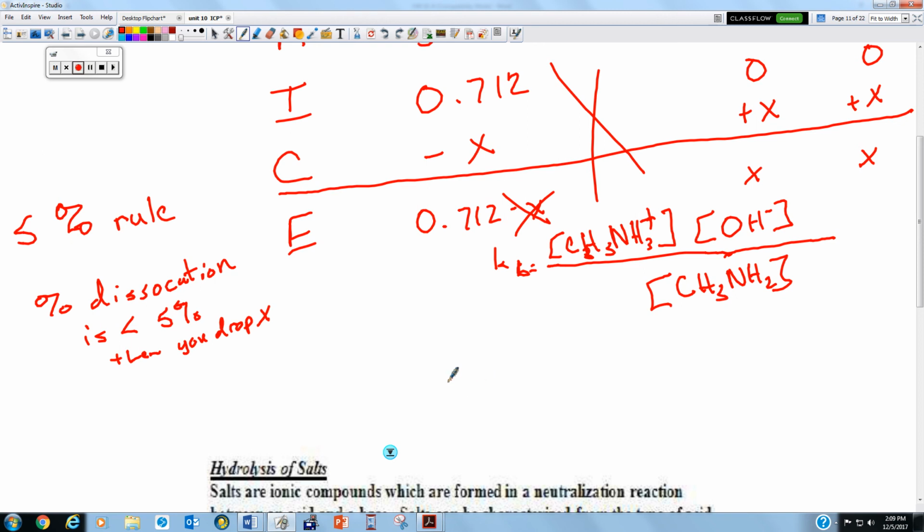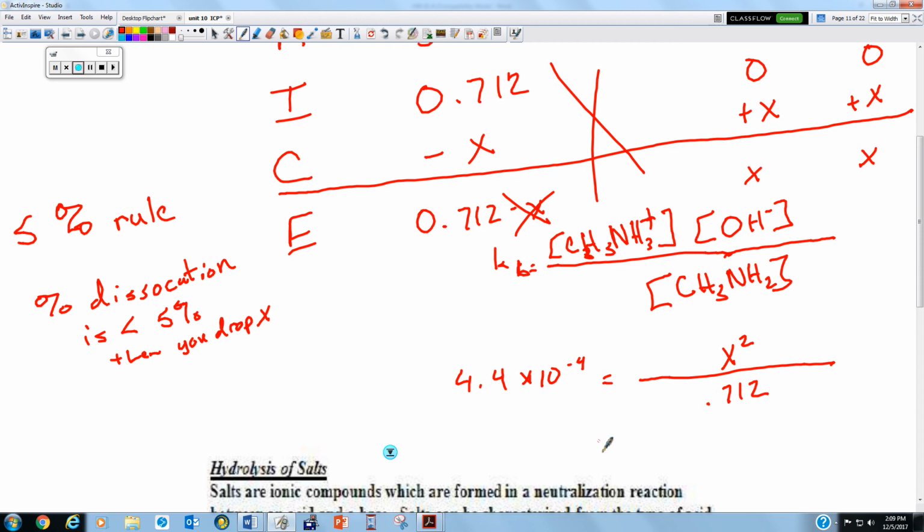And so now I can plug in my numbers. I have 4.4 times 10 to the negative 4 equals X squared over 0.712. And I'm just dropping the X from this part because it's going to mess me up in my overall equation.